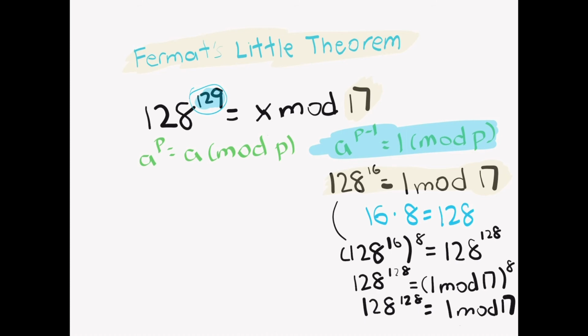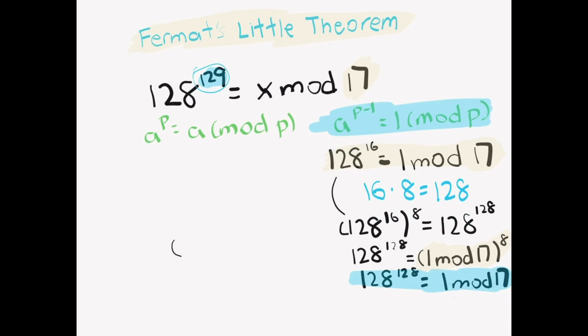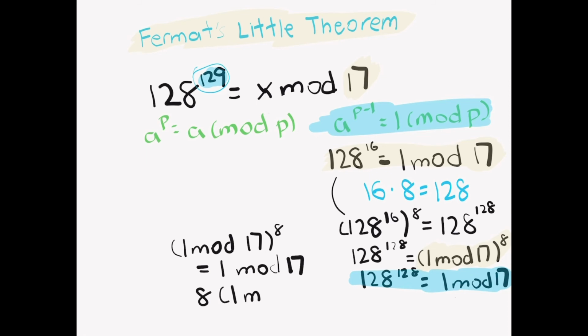I just want y'all to keep in mind that 1 mod 17 to the power of 8 is 1 to the power of 8 mod 17, not to be confused with 8 times 1 mod 17, which would give us 8 mod 17. Multiplying by a number and using it as a power are two different things.